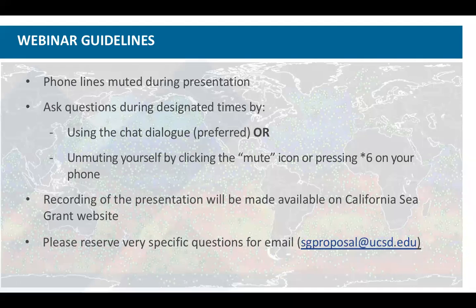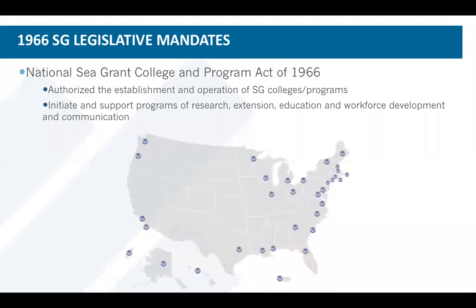The recording of the presentation will be made available on the request for proposal webpage later today or tomorrow. If you have really specific questions directed just at your project, please email us directly at sgproposal@ucsd.edu.